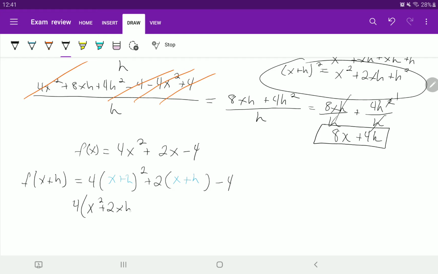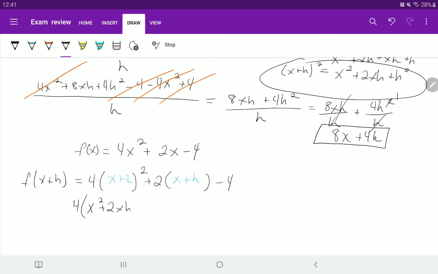I'll distribute the 2 here. That will be plus 2x plus 2h minus 4. Distribute the 4 inside the parentheses. That'll be 4x squared plus 8xh plus 4h squared plus 2x plus 2h minus 4. That'll be your f of x plus h.